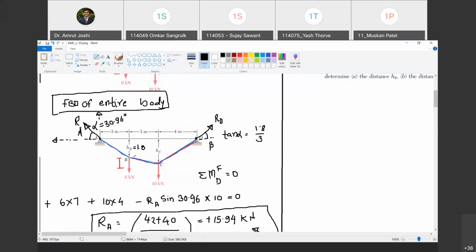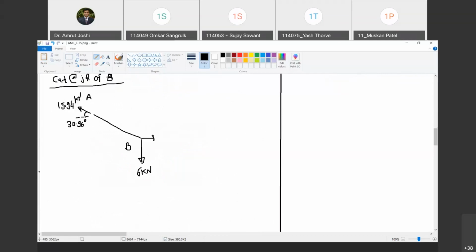As you have given a cut here, this portion of part BC is external to this portion. So this portion of part BC, and as it can only be in tension, therefore I will have to show tension in string BC like this. Do you agree with me? Yes, sir. Tension in string part BC.